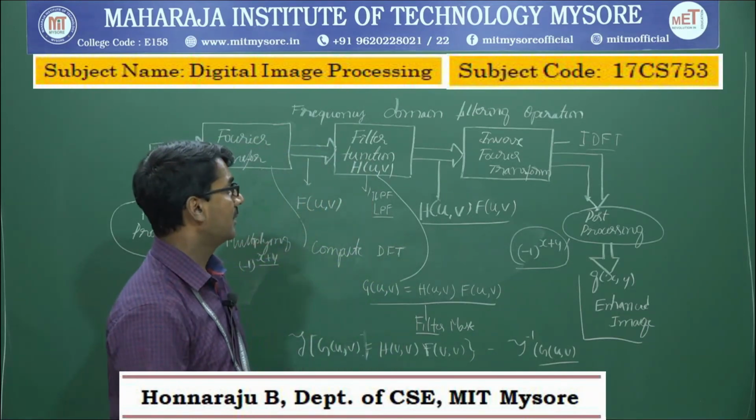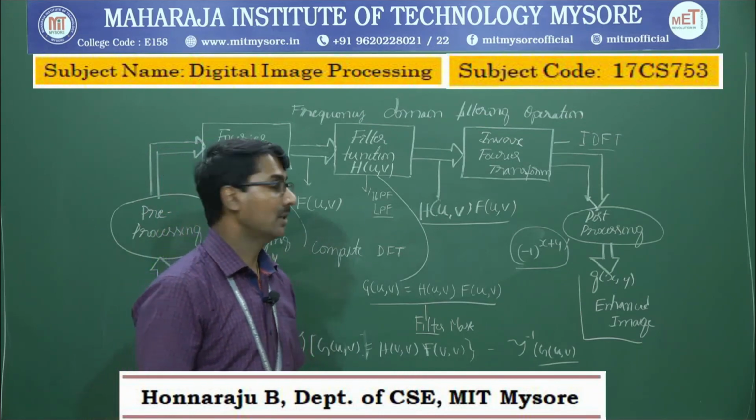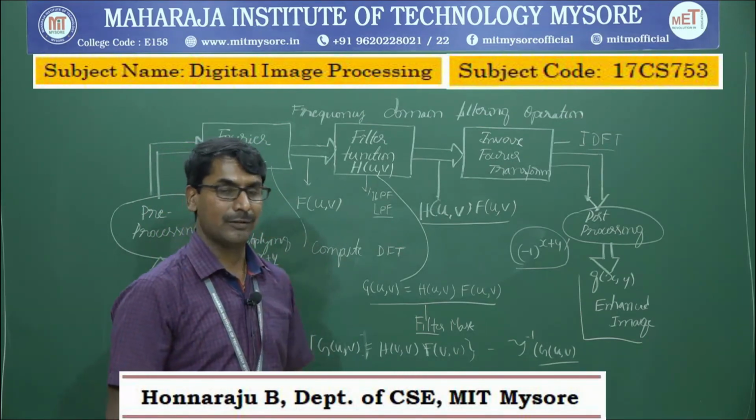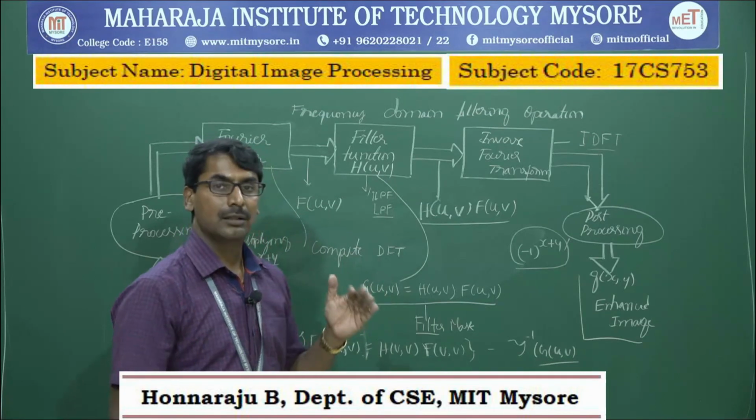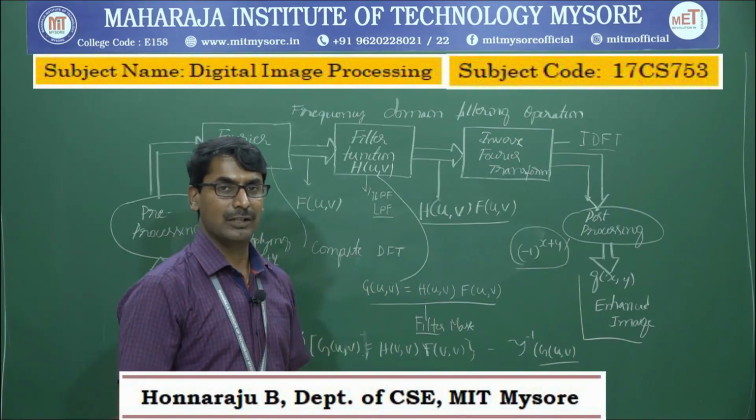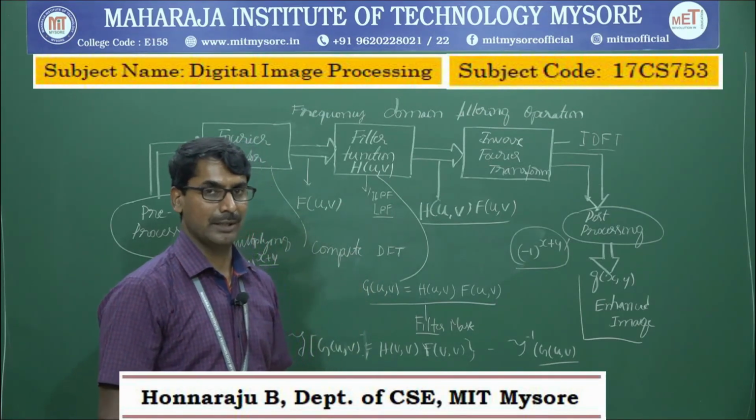These are the basic steps to be followed when you are performing filtering in the frequency domain. There are two types of filters in the frequency domain: the low pass filter and the high pass filter.